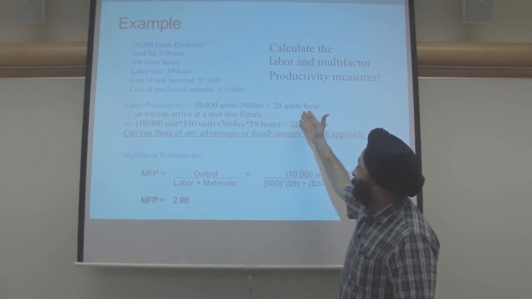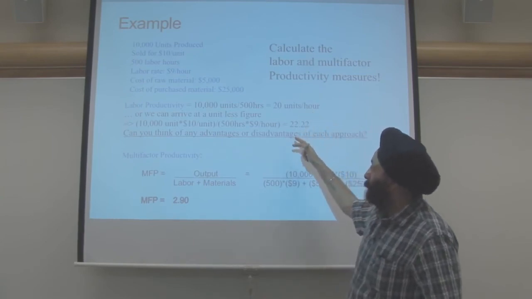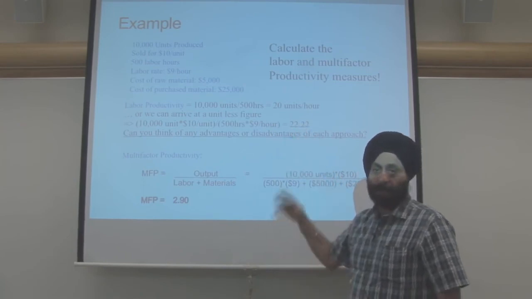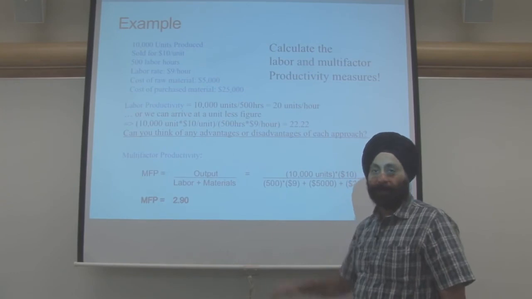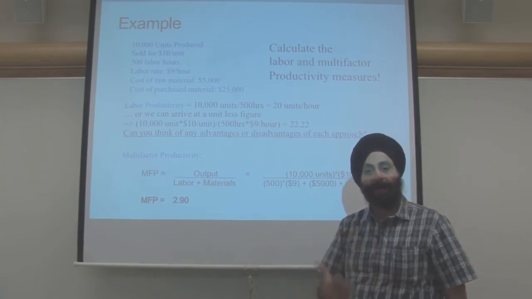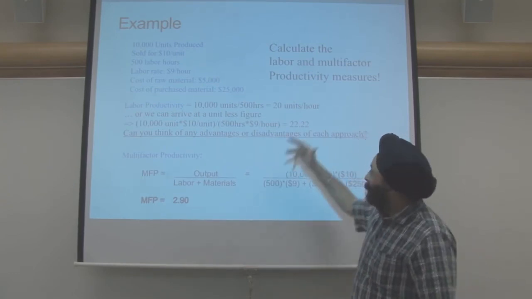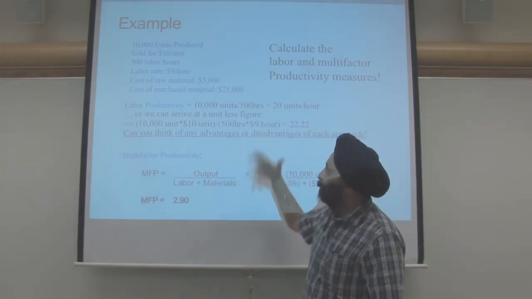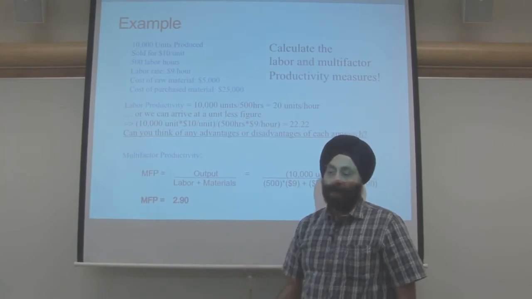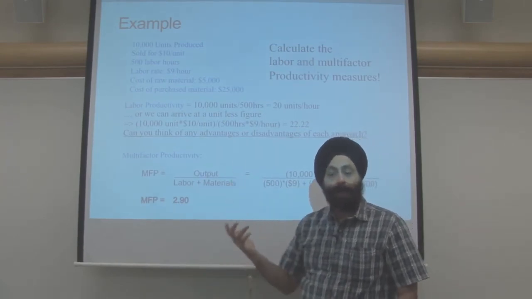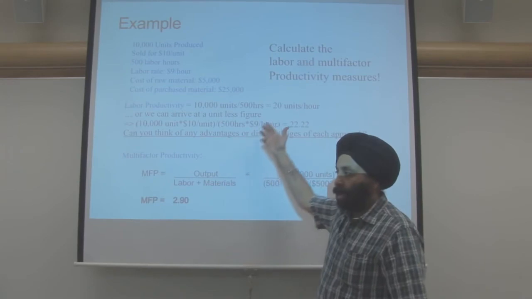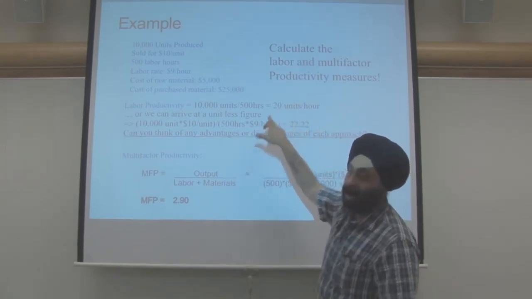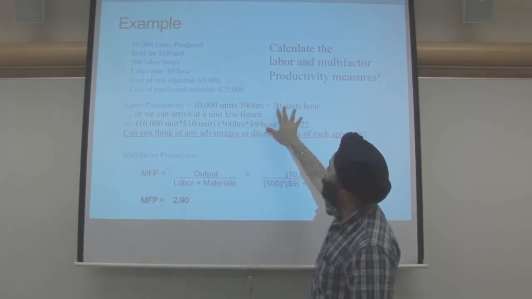But the advantage of the second one, although it's not very intuitive, is that it is the common frame of reference. Everything has been translated into dollars. So even if the labor rate were to increase later on, you can still compare that with this number, whereas it will be hard to compare with the first, because it only has partial information.